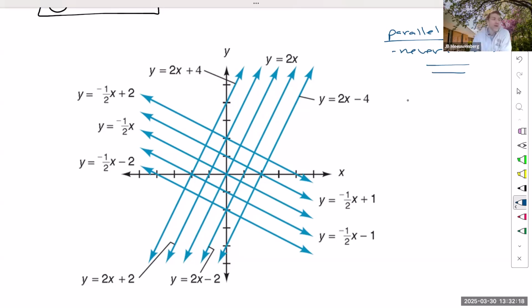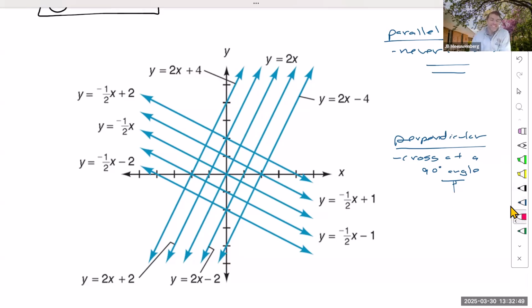Well, perpendicular lines, they do cross, but they not only cross each other, they cross each other at a 90-degree angle. So they look like a T, right? They don't look like an X, they look like a T. This has to make a perfect right angle.